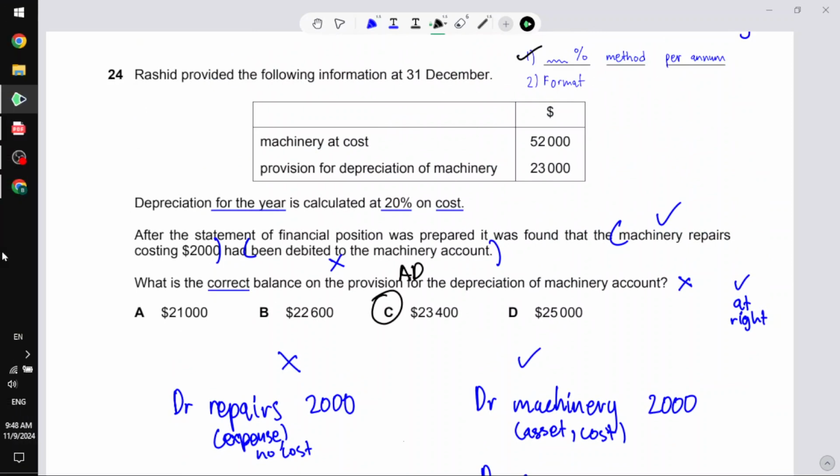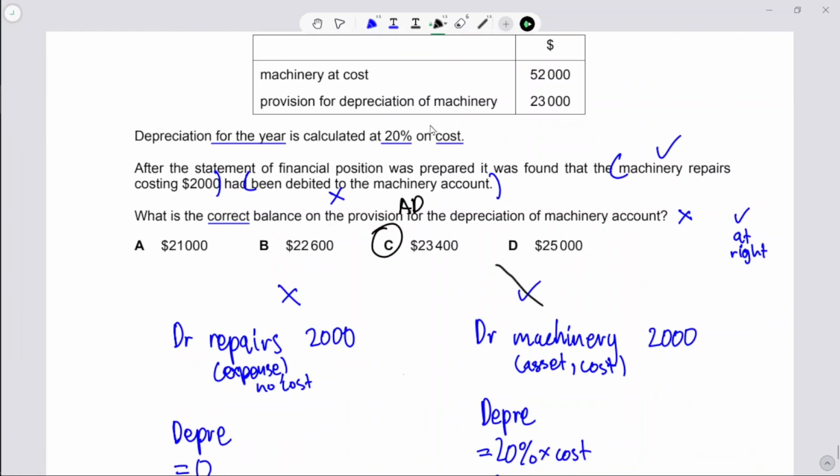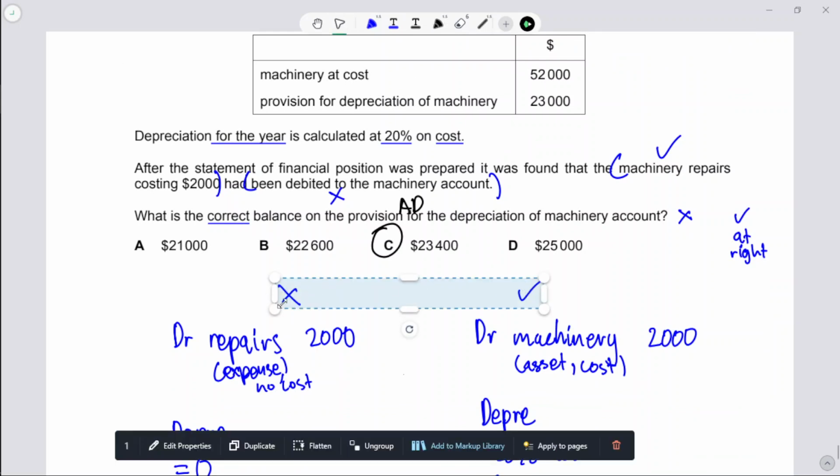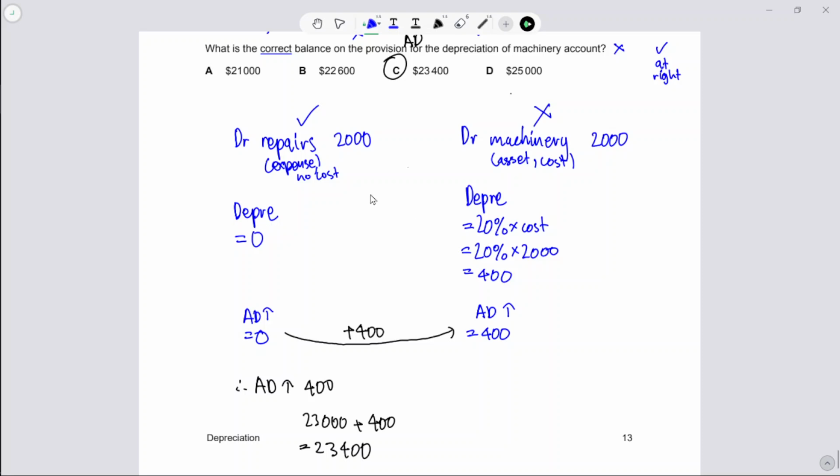Oops, sorry. I made a mistake. Supposedly the machinery repair is correct. This one is wrong. So let me swap the places. I made a mistake.